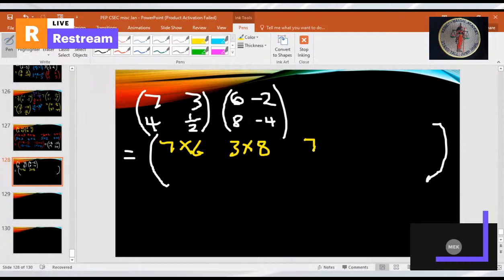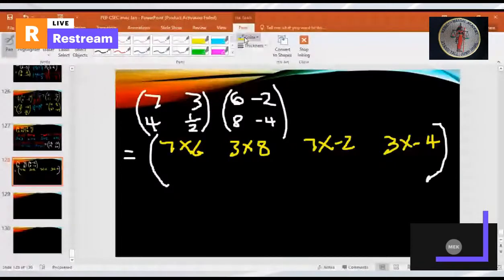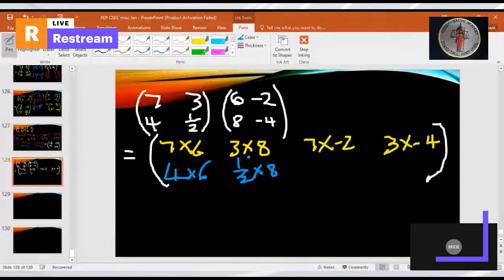Then we do the next row and the next column. So we're going to have 4 times 6 and a half times 8, and then 4 times negative 2 and a half times negative 4.